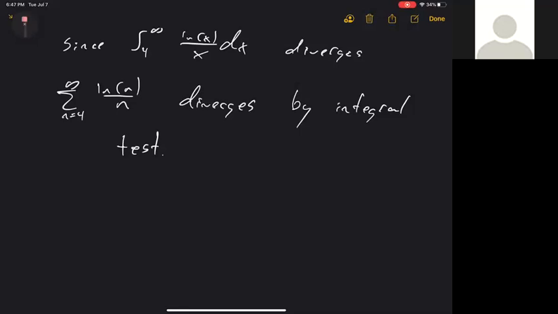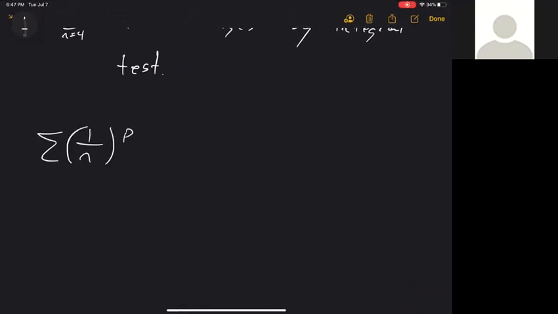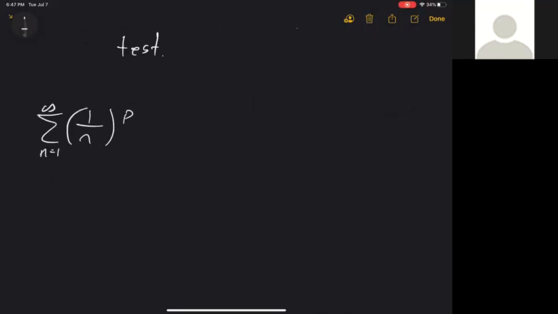In 11.3, we also had the special case of the integral test, which I call the p-test. So if we have a series of this form, 1 over n to the power p, this series is going to converge if p is greater than 1, right?